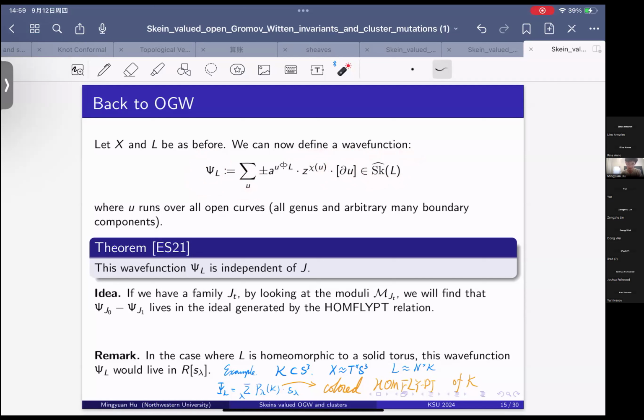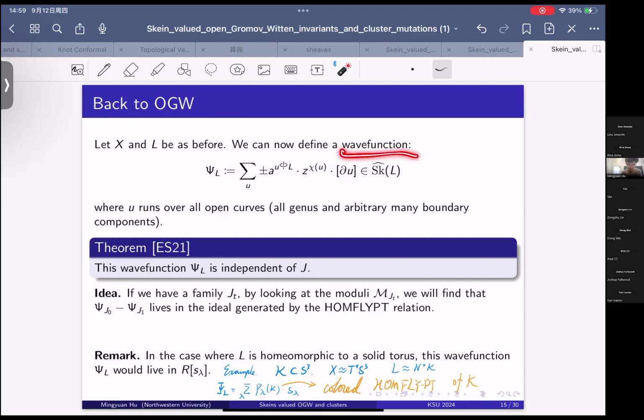Chi is the genus, and this is the linking number of U and L. It's defined by Ekholm-Shende, because in general U is open and there's no linking number, but it does have a definition. Roughly speaking, we remember the boundary of U as a link inside the skein module, and this is like the generating function of the skein module of open Gromov-Witten invariants.